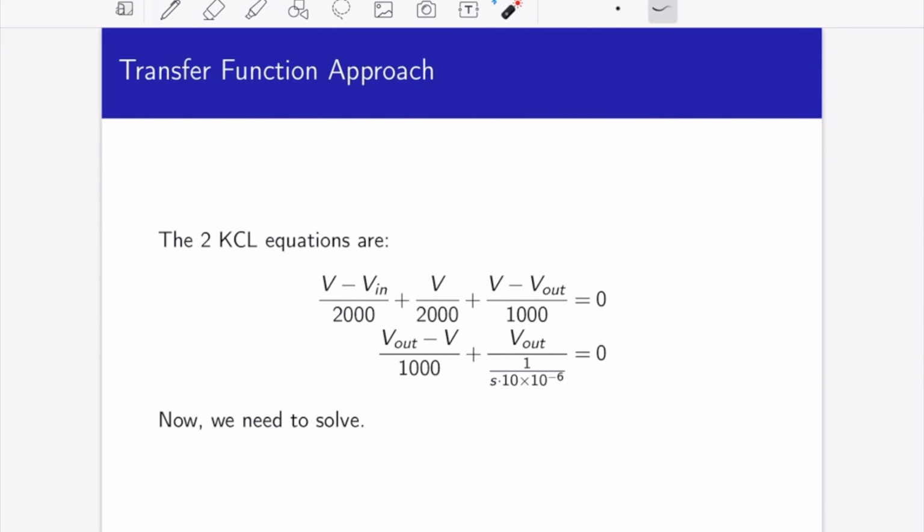Okay, now we have 2 equations, 3 unknowns, but remember we're solving as the transfer function like we did with the passive circuit case. So what we're going to be solving for is V out over V in. Basically, V out will be one of our unknowns and V will be one of our unknowns. So 3 unknowns, but we're going to treat one of them as a ratio.